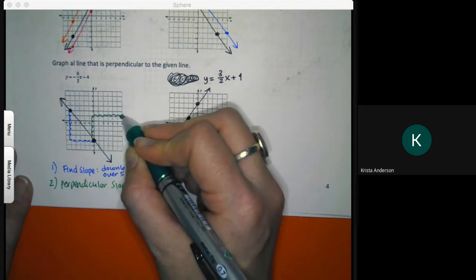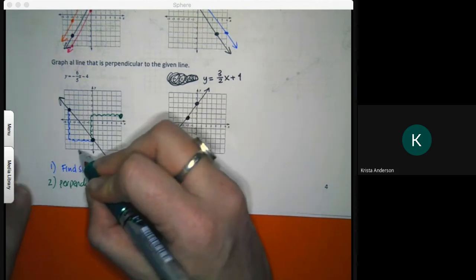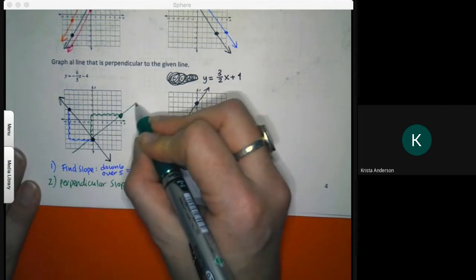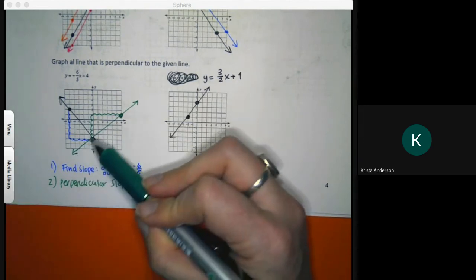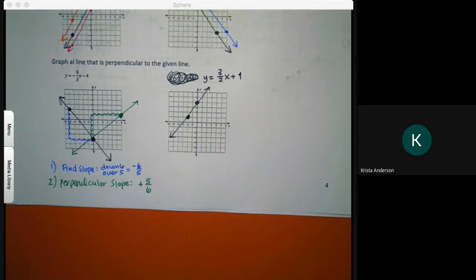Click, and it autofills a perpendicular line, which makes 90-degree angles. It's really weird at first, so don't stress too much.